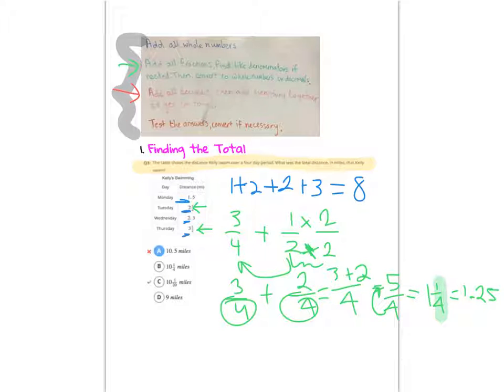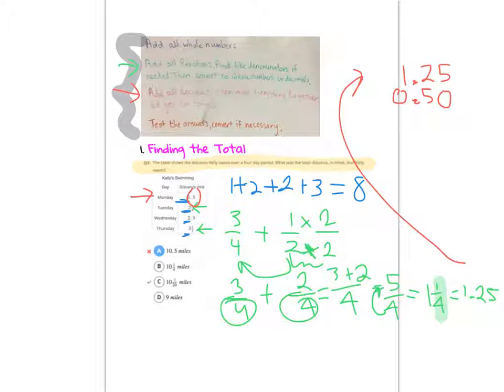Starting from the top, we have 1.25, and we just found that from the fractions. Now we have to go back to the table. On Monday, there's a decimal there, and we're going to need to take that 0.5. So we're going to line up the decimals, put a 0 in front, and put a 0 in back.